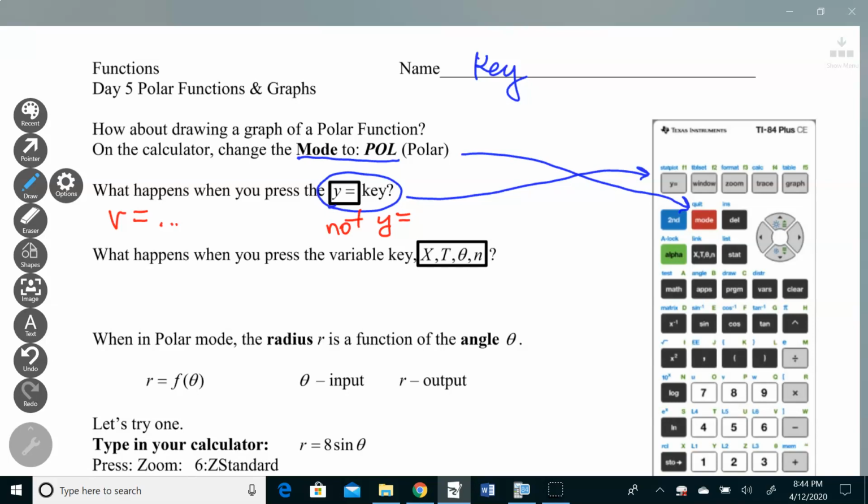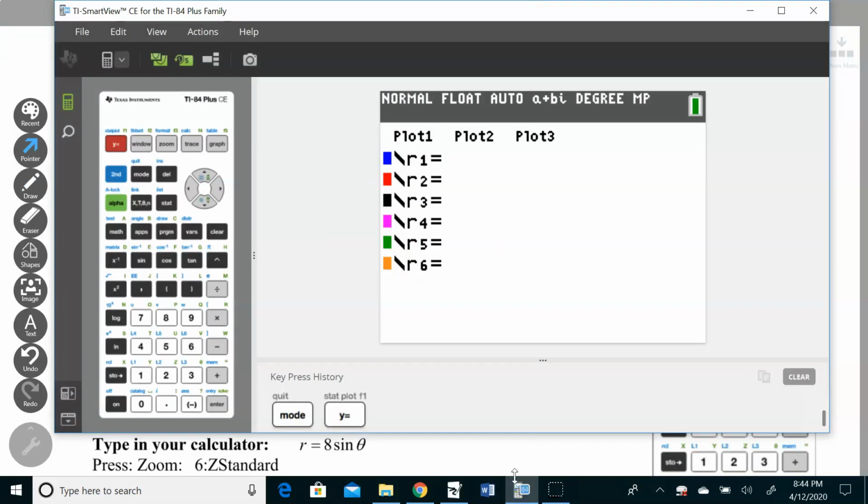So what happens when I hit this variable key, which is the key underneath mode, which is right here? Well, if we go to our calculator, when I hit the variable key, which is the key right here, it says theta.